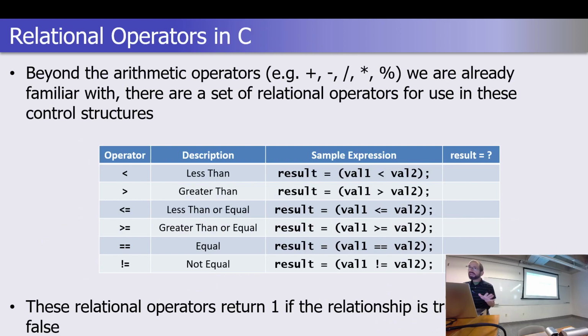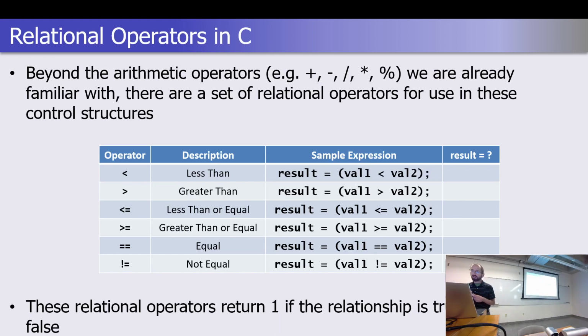So what we do have in C, and what you are generally going to use with your if statements, and I know you've already gotten some exposure to playing around with them, are these relational operators. They are, in fact, quite related to the arithmetic operators, but these are a separate kind of operator we can use with our values and variables in C, to allow us to store the result of some relational condition between two variables.